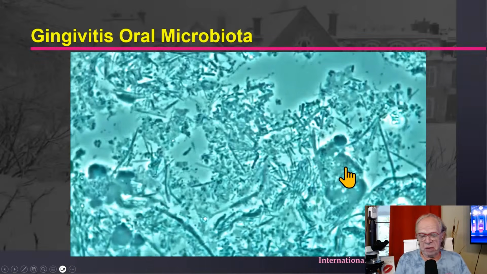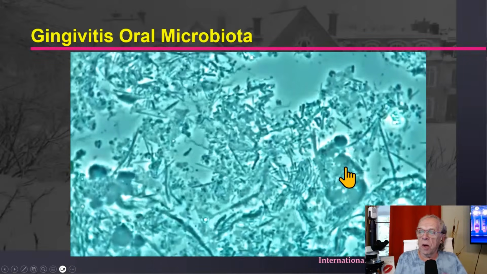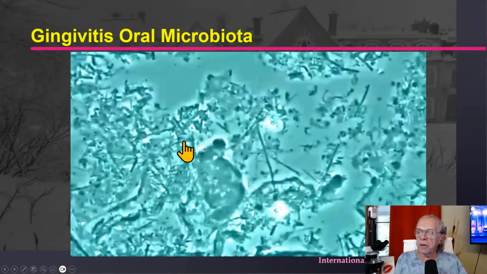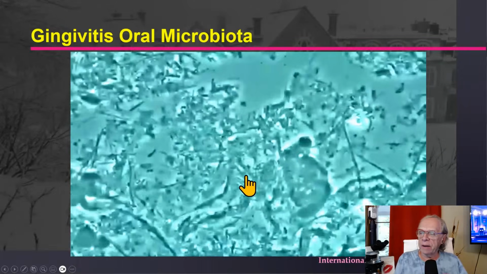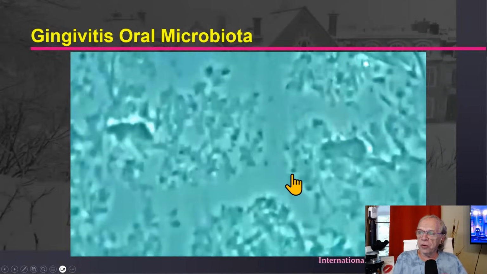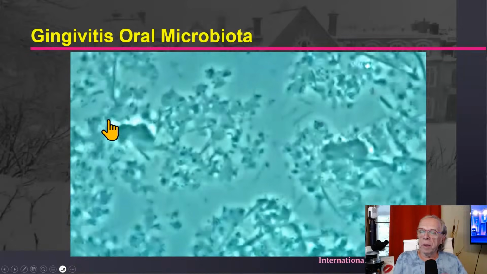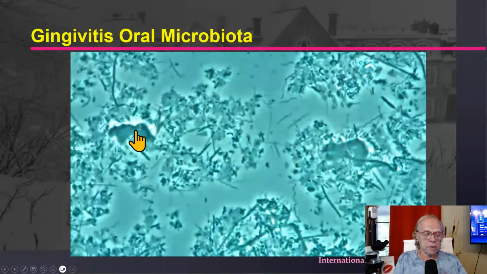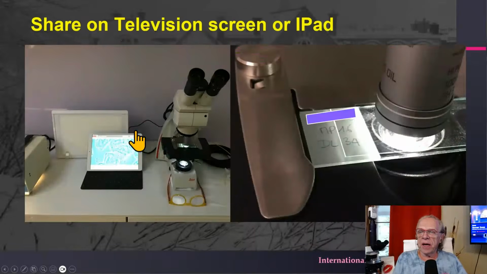This is some kind of pus. So bacteria, vibrios, spirochetes, bacilli, and dead neutrophils with the 3-lobe rest of the nucleus. So this is gingivitis.